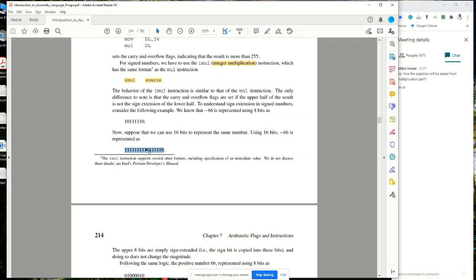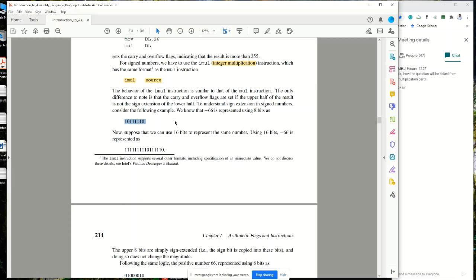All 8 bits are representing the sign bit of this number if you convert it. Let me tell you again, this is the equivalent of minus 66 in 8-bit.